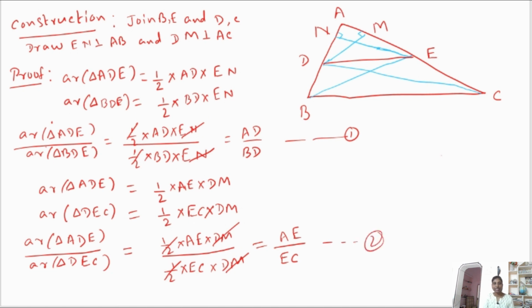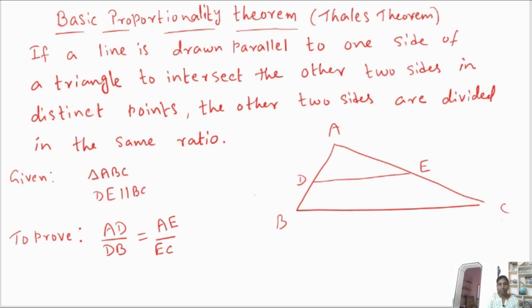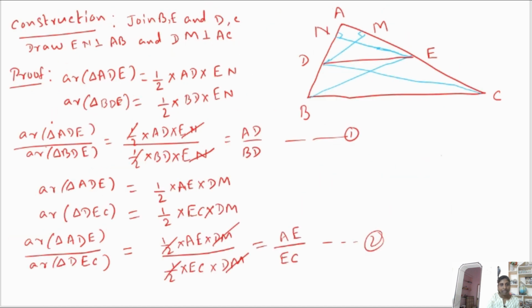Now observe these two equations. We have to prove AD by DB is equal to AE by EC.